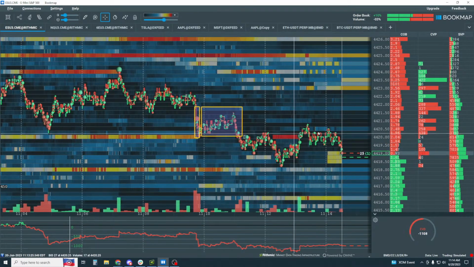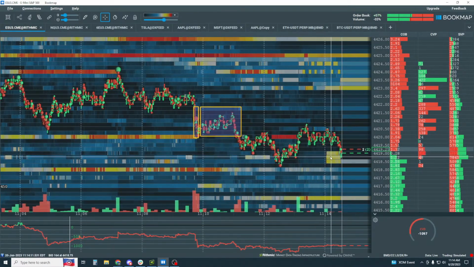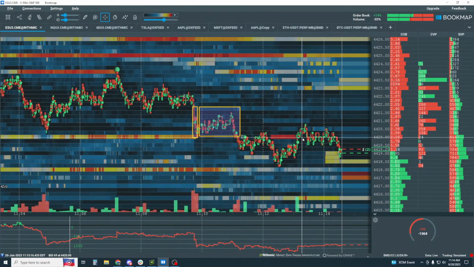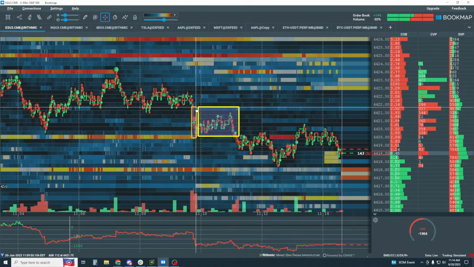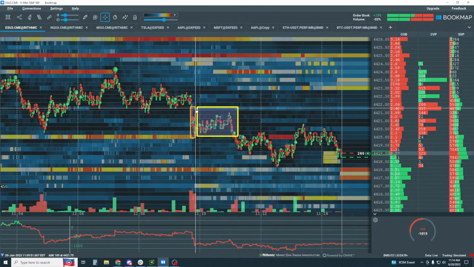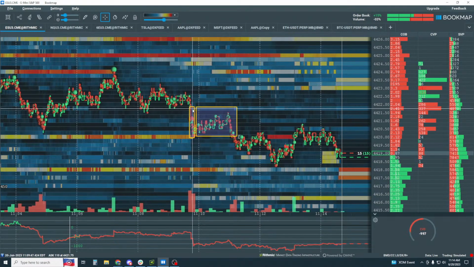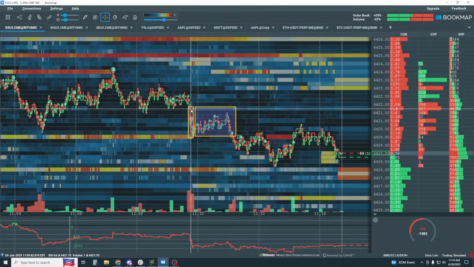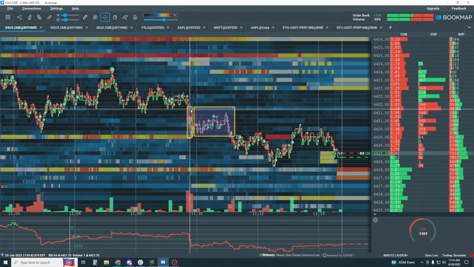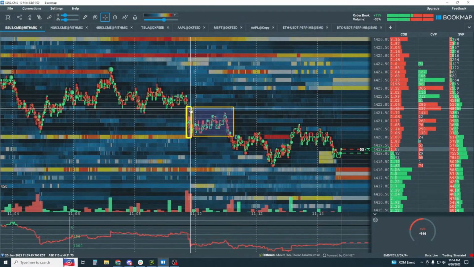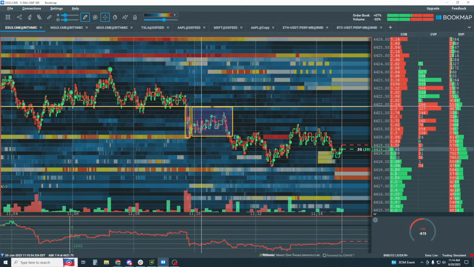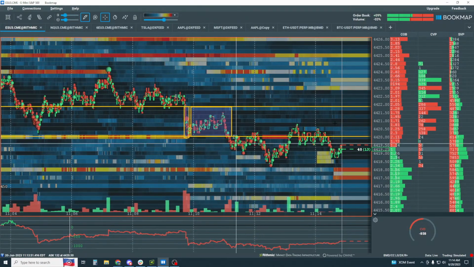Yeah, so far so good. This is where sellers came in and took control at this time frame. In this time frame only, though. So we'd mark it up as an area here.